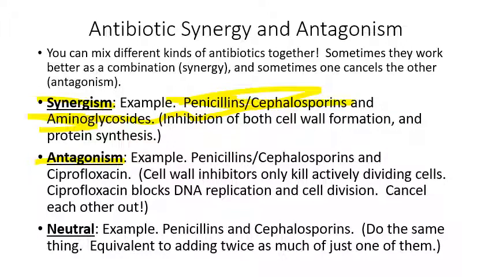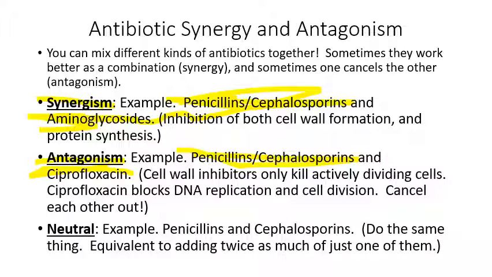Antagonism: if you mix together penicillins and cephalosporins, for instance, with ciprofloxacin, the penicillins and cephalosporins can only kill the cells when they're dividing, and the ciprofloxacin is actually blocking the cell from dividing because it's blocking the replication of the DNA. So if you add the ciprofloxacin, it would essentially nullify or neutralize the penicillin or the cephalosporin.